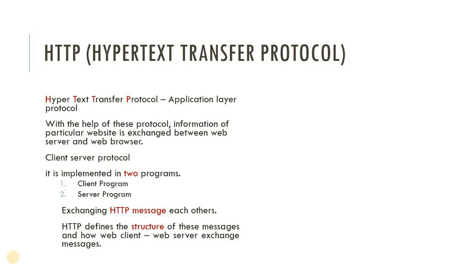Suppose you are requesting a Facebook page, and Facebook has multiple servers. Each server resides in a different area. Suppose your request goes to one server, but that server is down. Then it is redirected to another server, and we get our requested pages.